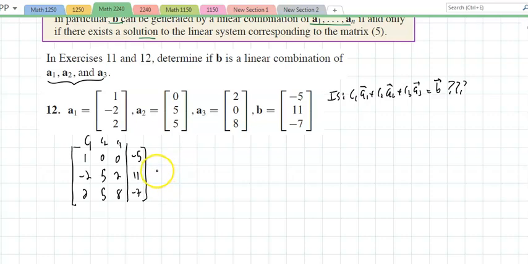Now I am gonna jump ahead and show you what happens if I do my magic. Multiply row 1 by 2, add it to row 2. Multiply row 1 by negative 2, add it to row 3. That should be it.